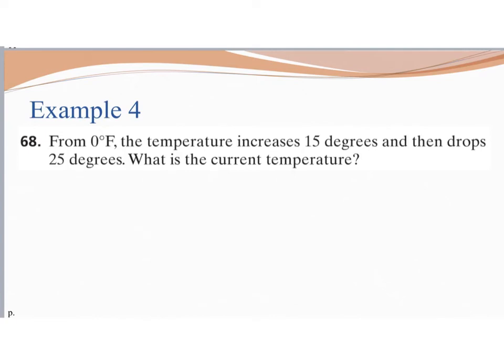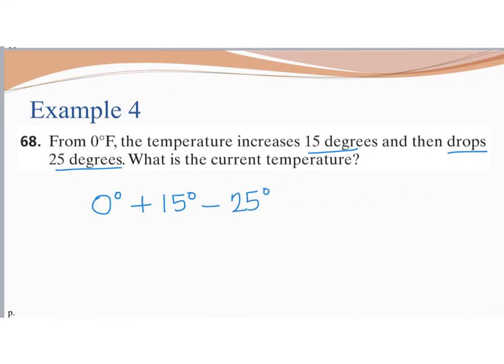Example 4 says from 0 degrees Fahrenheit, the temperature increases 15 degrees, then drops 25 degrees. What is the current temperature? So we're going to start out at 0 degrees, then we're going to increase 15 degrees, and drop means that we're subtracting 25 degrees.